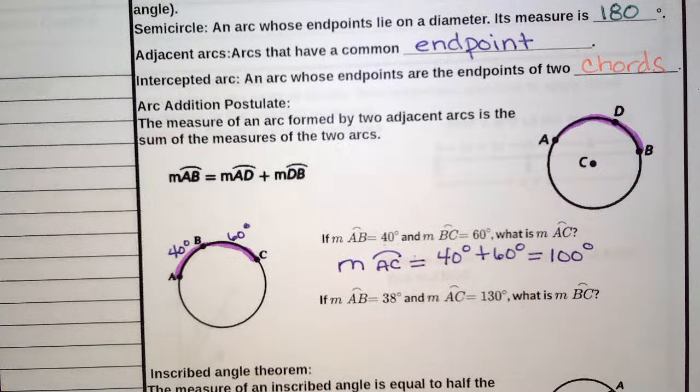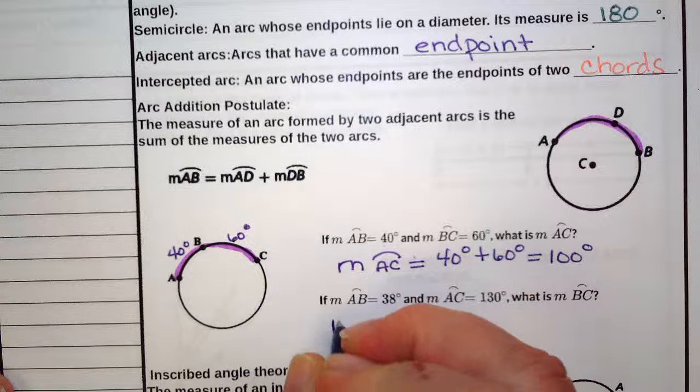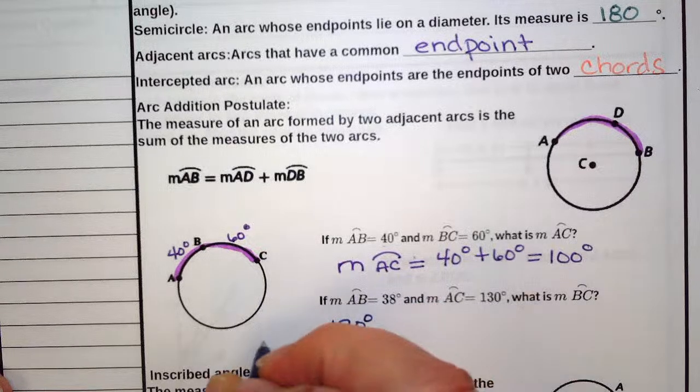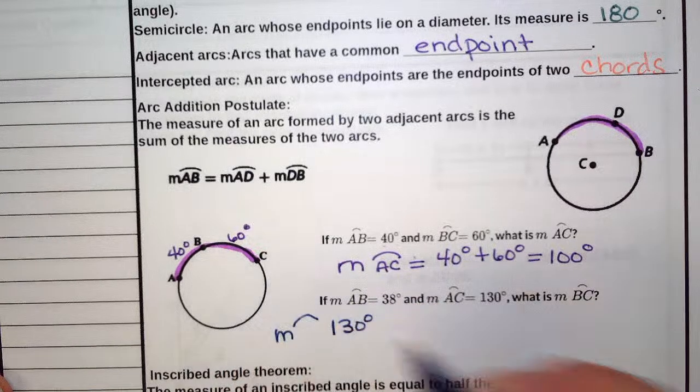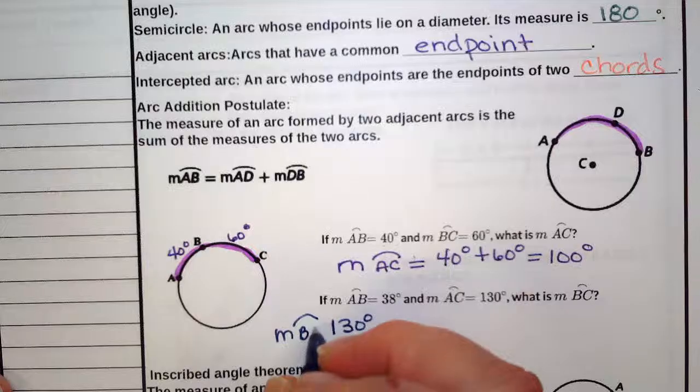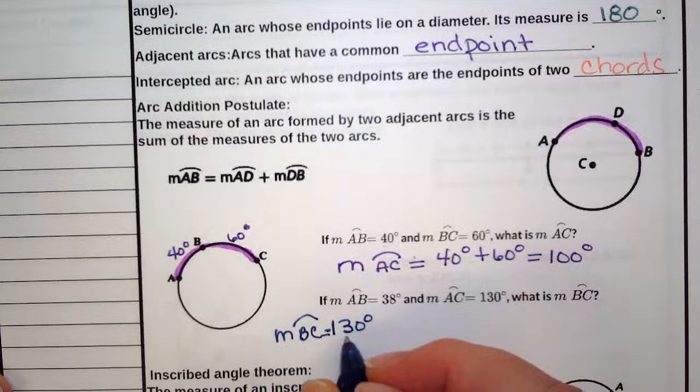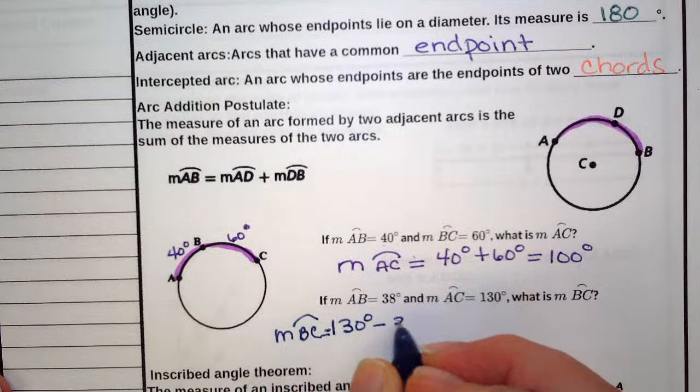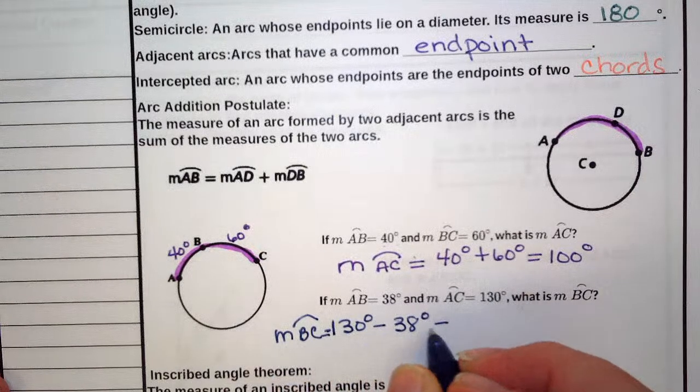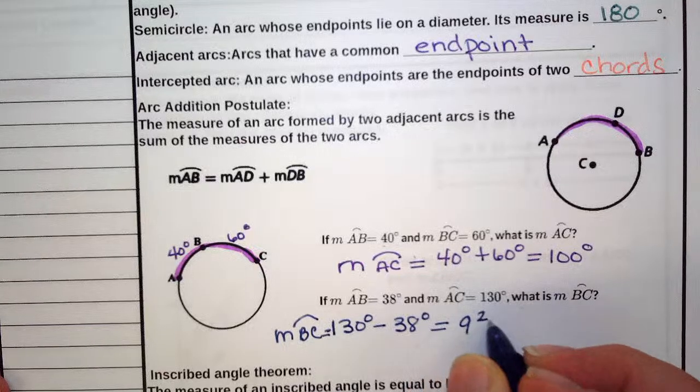Well, we subtract. So the measure of arc BC is equal to 130 degrees minus 38 degrees, which will give me 92 degrees.